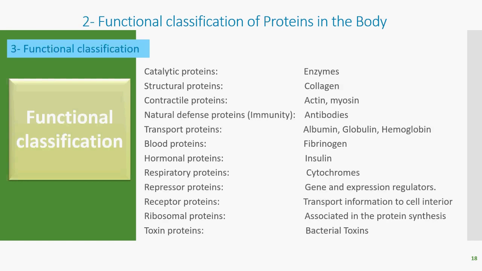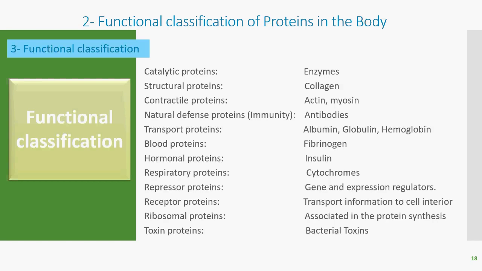And the receptor proteins in the cell surface: some proteins form the receptors of the cells, where they can give the information to the cell whether to accept the individual molecules, ions, or nutrients or not.